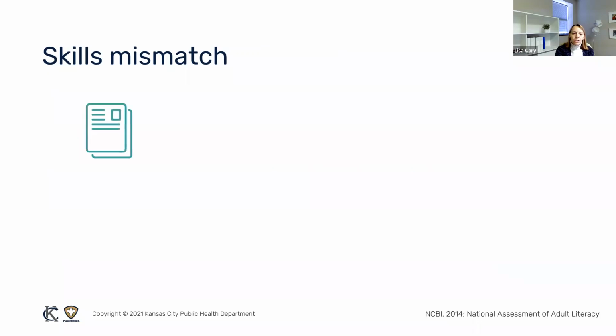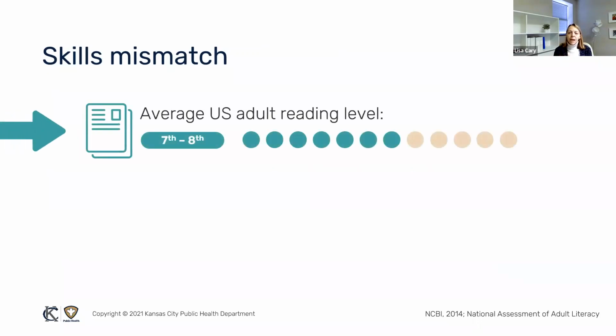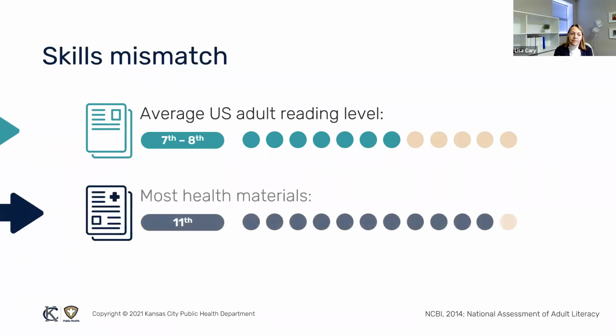In the US, the average adult reads at about an 8th grade level, which is about 13 to 14 years old. However, what people actually understand may fall 2 to 3 grade levels below that. And the problem is that most health materials are written at about an 11th grade level. So you can see the mismatch there.